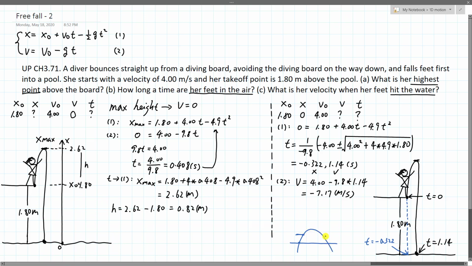But a mathematical parabola is a continuous infinite thing, so it's got to have two separate intersections, which means this is t equals 0. This is the t-axis. This is the position x-axis. So she goes up, comes down, and there's this negative time where this curve actually crosses the 0 height, the water surface.